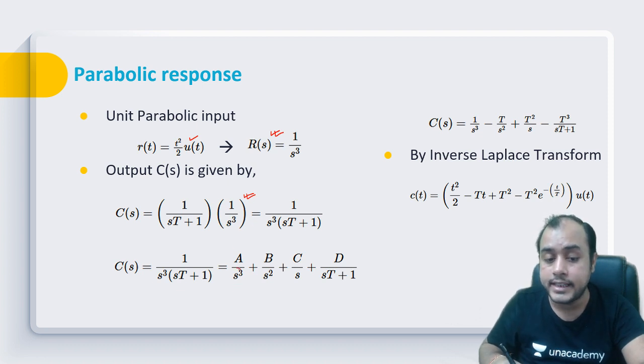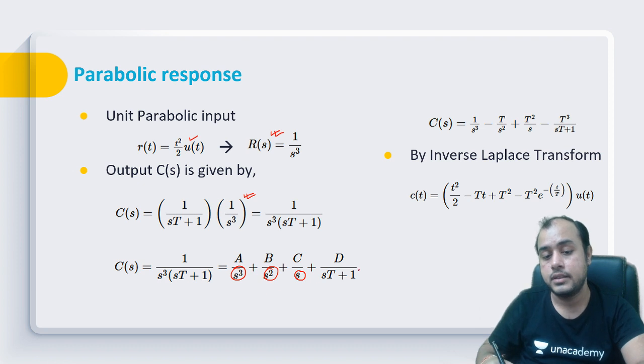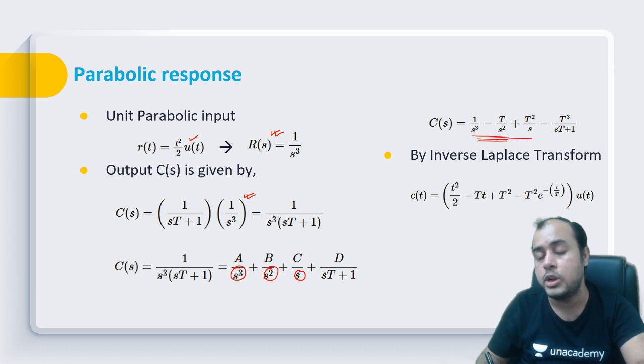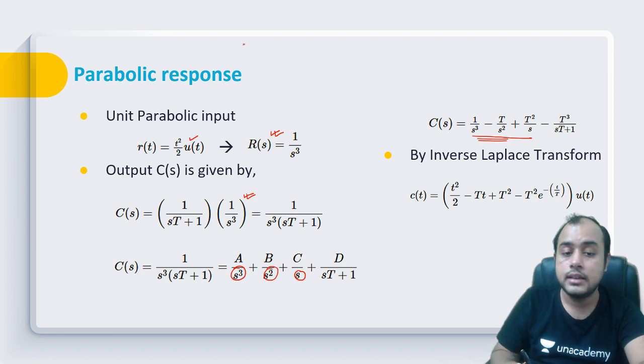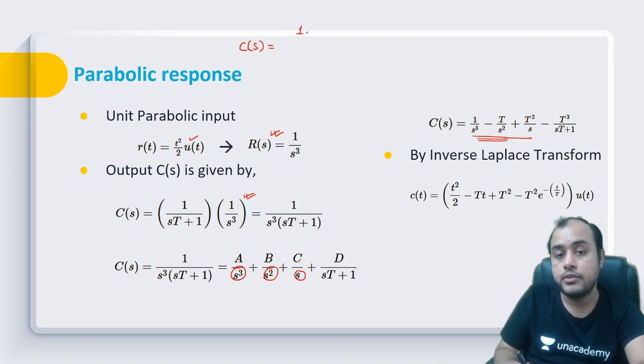Now there will be three terms, one containing s cube, s square and s. So that way, this will be the partial fraction. I have told you how to take the partial fraction. Let me tell you again. For 1 by s cube, 1 by st plus 1 at s equal to 0.